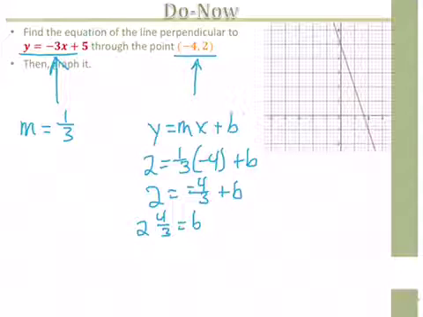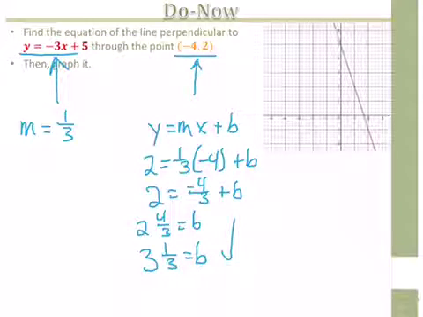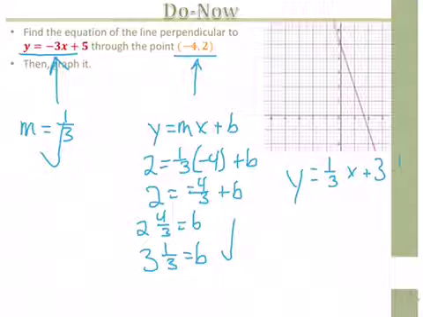That's a weird mix of an improper fraction and mixed numbers, so let's get that out of there. 4/3 is 1 1/3. So 2 plus 1 1/3 is going to be 3 1/3. So that's my b. Then take the b that we have, take the m that we have, and put them together to make the equation y = 1/3 x + 3 1/3.